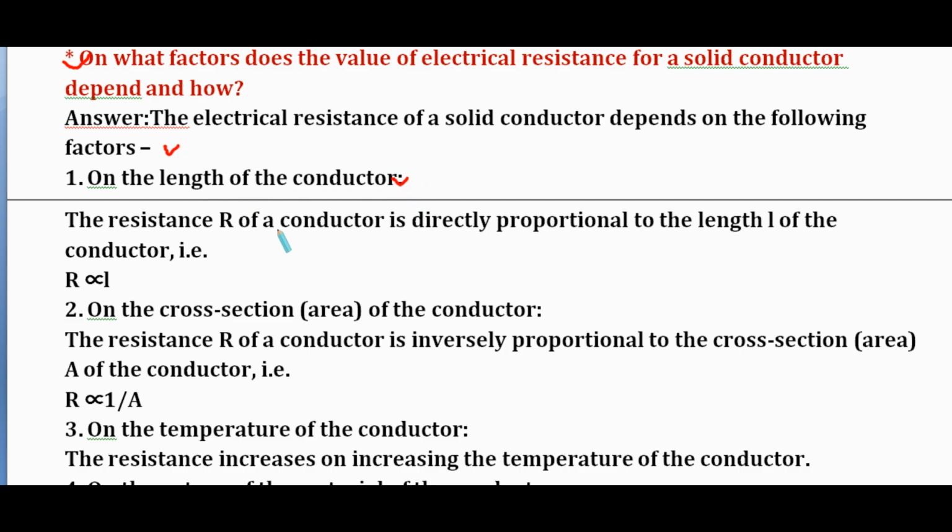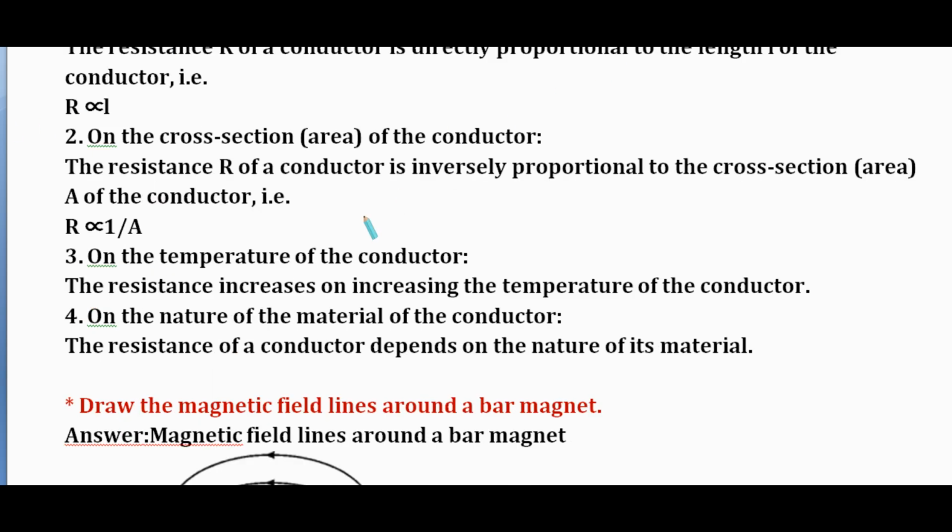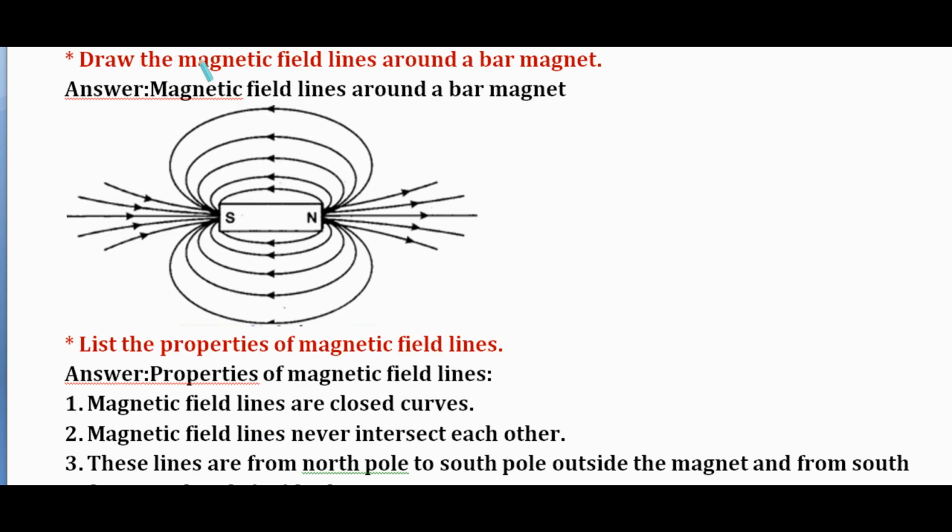On the length of the conductor, the resistance R of the conductor is directly proportional to the length L of the conductor, that is R proportional to L. Secondly, on the cross sectional area of the conductor, the resistance R is inversely proportional to the cross sectional area A of the conductor, that is R proportional to 1 upon A. Now, on the temperature of the conductor, the resistance increases on increasing the temperature of the conductor. On the nature of material of the conductor, the resistance of the conductor depends on the nature of its material.